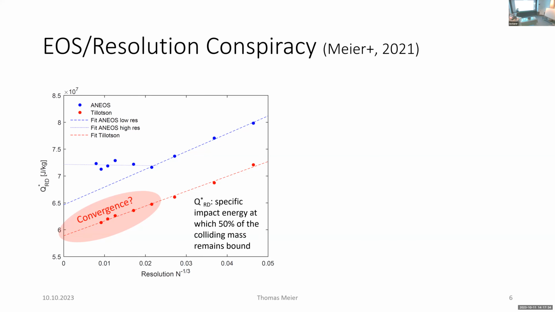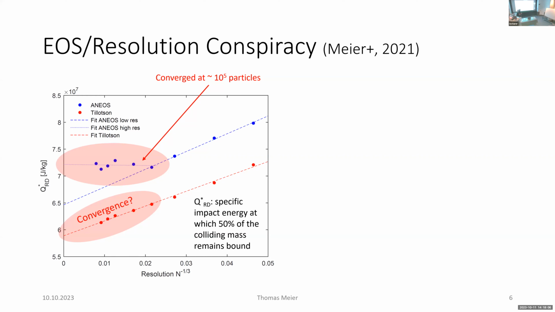Here it's a weird x-axis. It's essentially the number of particles to the -1/3, which means that resolution increases in this direction, and 0 means that there are infinite particles. So we see that it just keeps scaling. Whereas with ANEOS, at a certain point, it stops going down, so it converges.